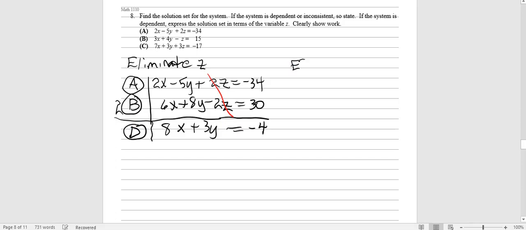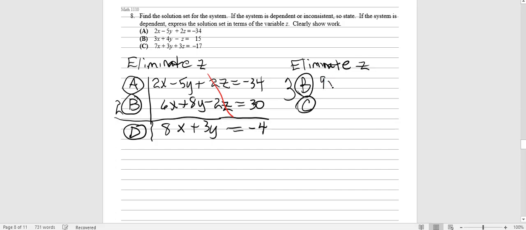I'm going to eliminate z again. So whatever variable I eliminate the first time, I want to eliminate, in the general case, that same variable a second time. This time I've got to use equation C. Since I've got that negative z in equation B, I'm going to use B and C. But I also could have used A and C. So I notice B, the z term is negative z, and C, the z term is 3z. So I'm going to multiply B by 3, and I'll have a negative 3z in B and a positive 3z in C, which is exactly what I'm looking for.